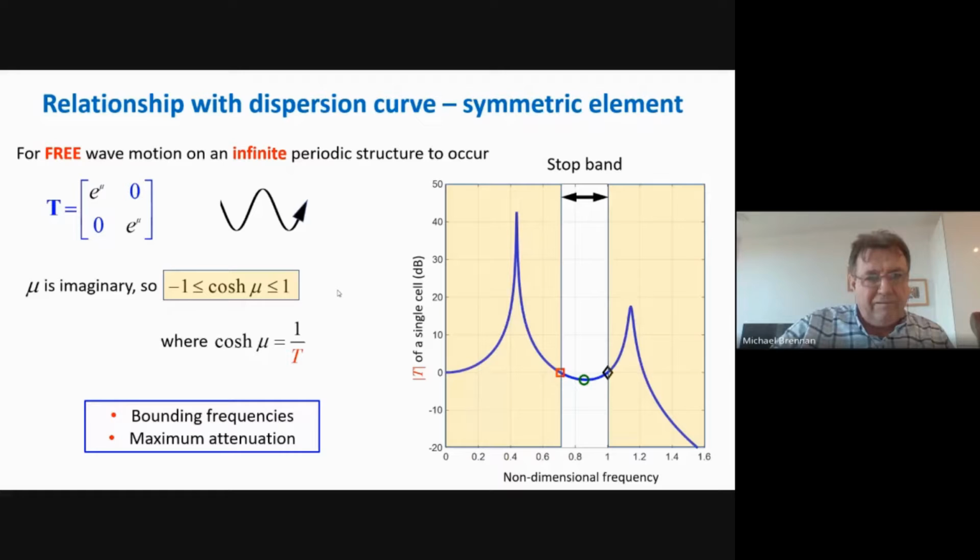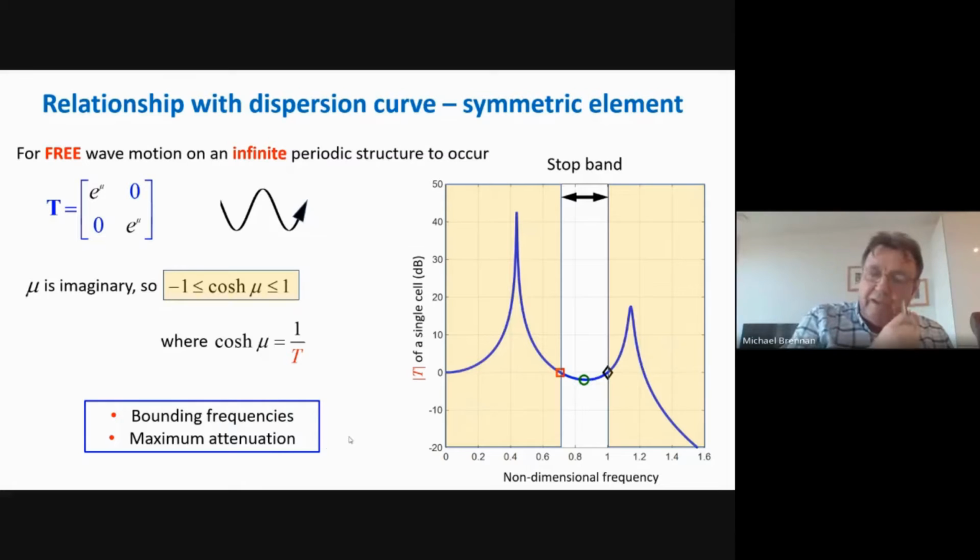Now, for free waves to propagate, mu must be imaginary. If mu is real, then we get exponential decay. So if mu is imaginary, this means that cosh of mu is bounded between +1 and -1. And cosh mu is simply 1 over the transmissibility for a symmetric element.